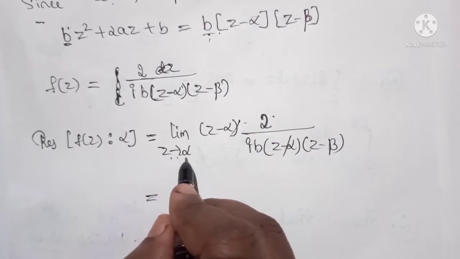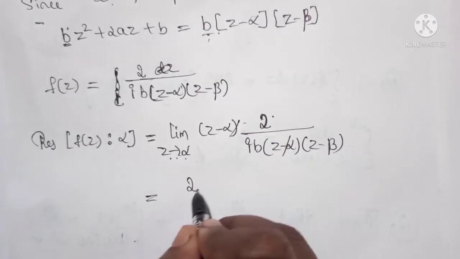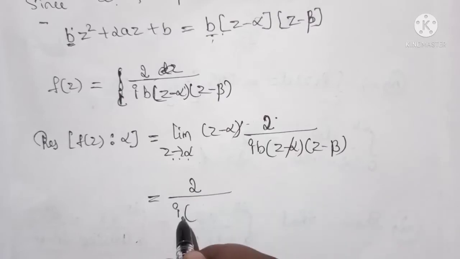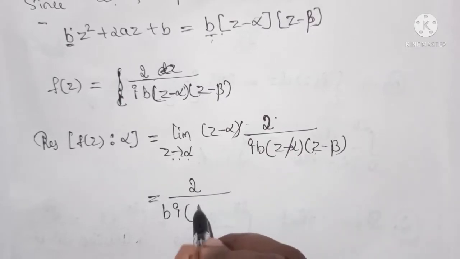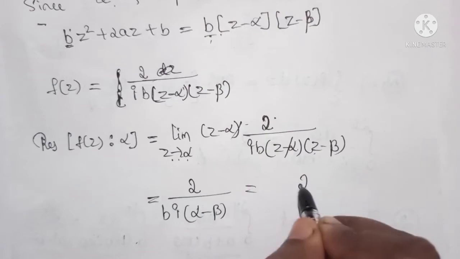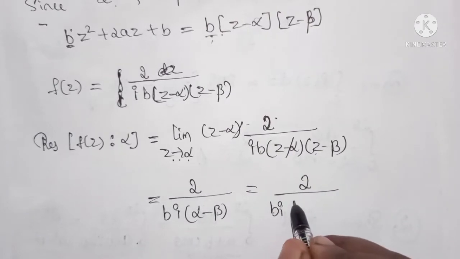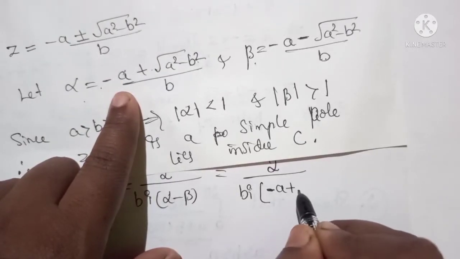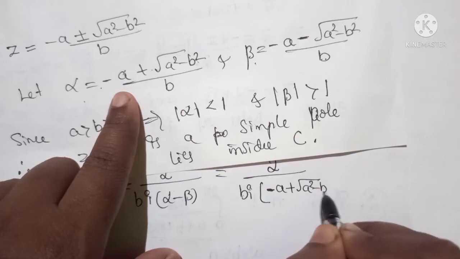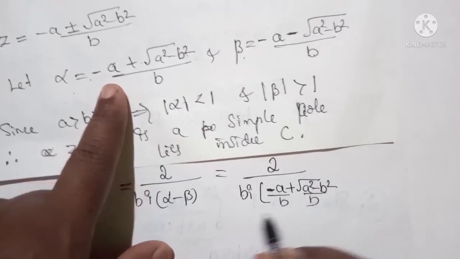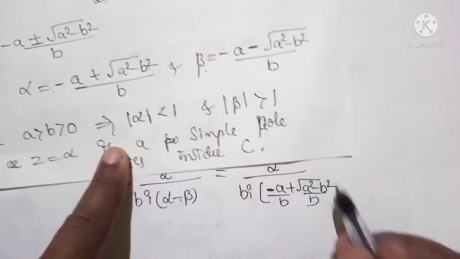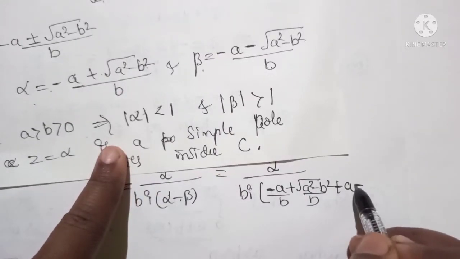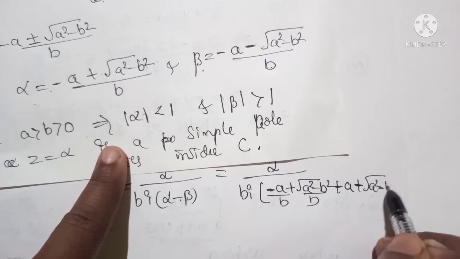Now evaluating this at alpha, we get 2 divided by i b, where z is alpha, so it is alpha minus beta. Alpha is this one, minus a plus root of a square minus b square by b, minus beta. Beta is this one, minus into minus, plus a square minus b square.